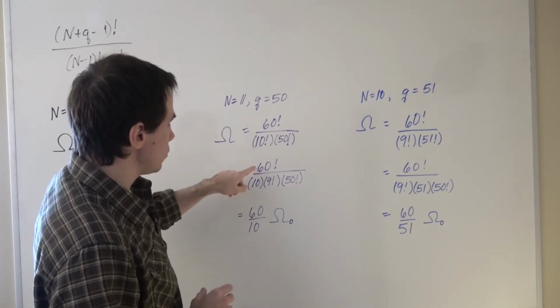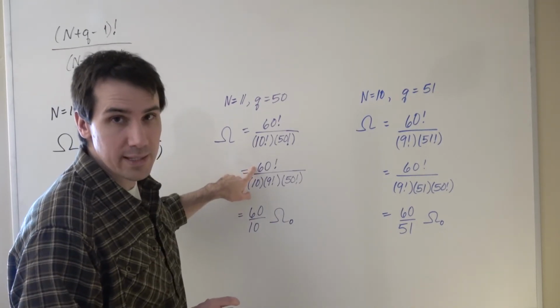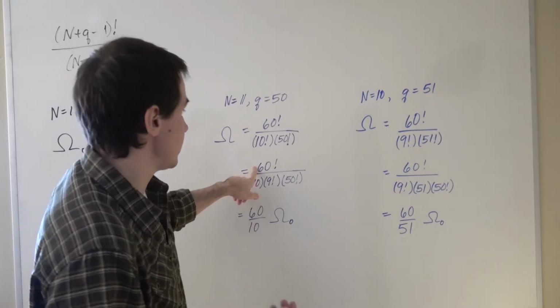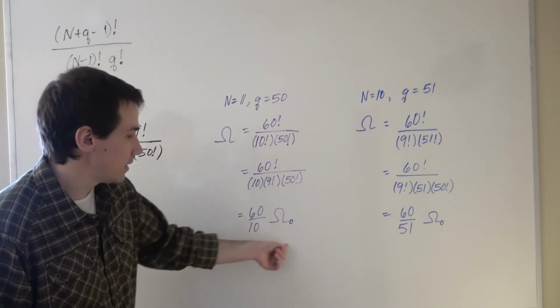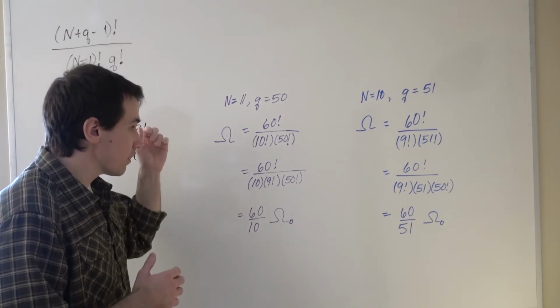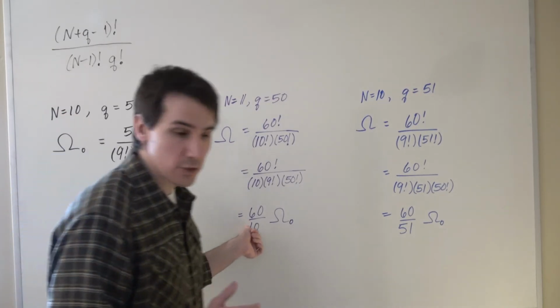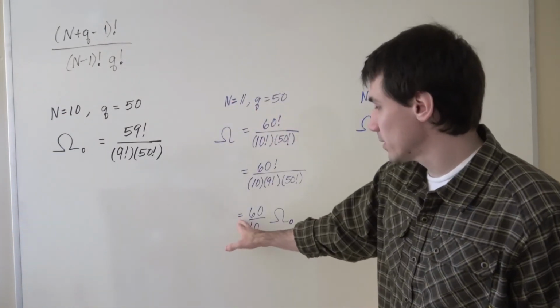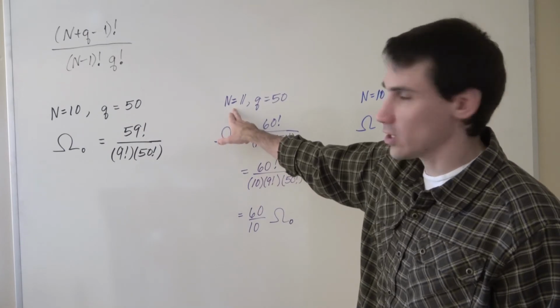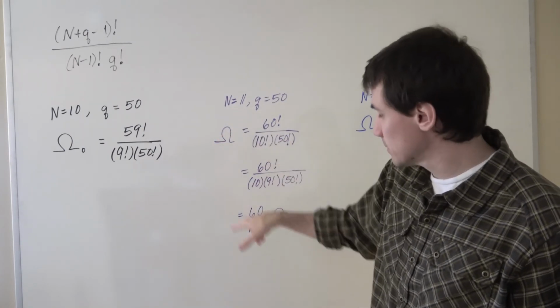And if we do the same trick on top, where we realize that 60 factorial is just 60 times 59 factorial, we end up with this. So our multiplicity has actually increased by 6-fold when we add just 1 oscillator in this case.